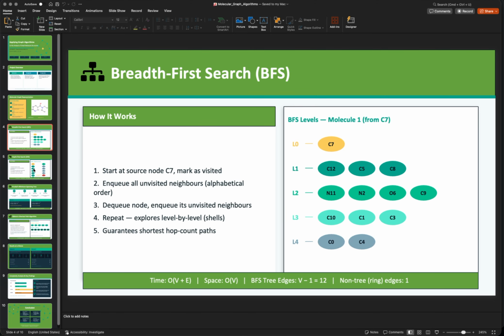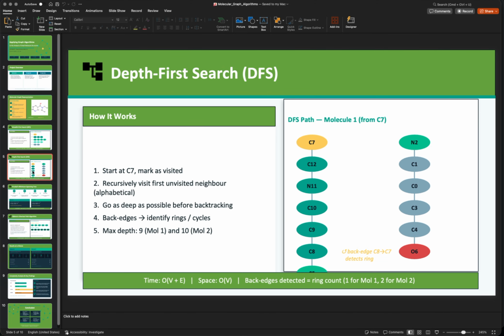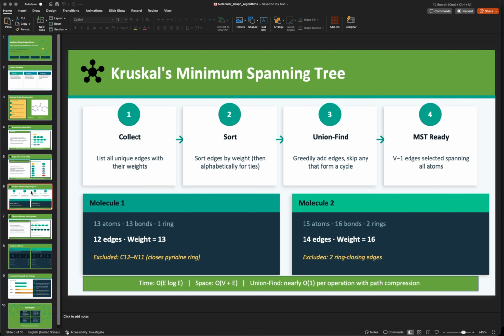where we applied BFS and DFS to our two molecules starting from C7, and then we have the Kruskal minimum spanning tree analysis as well, to find out the findings of the algorithms.